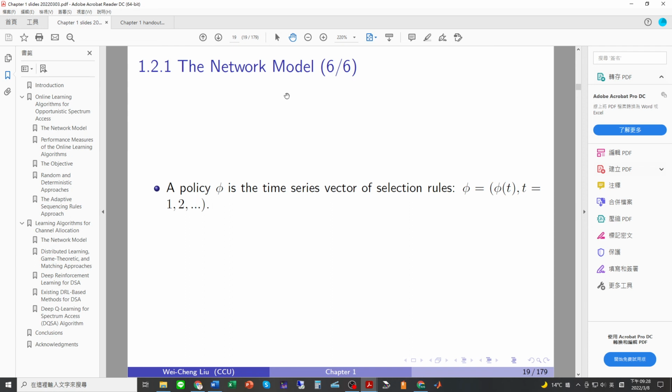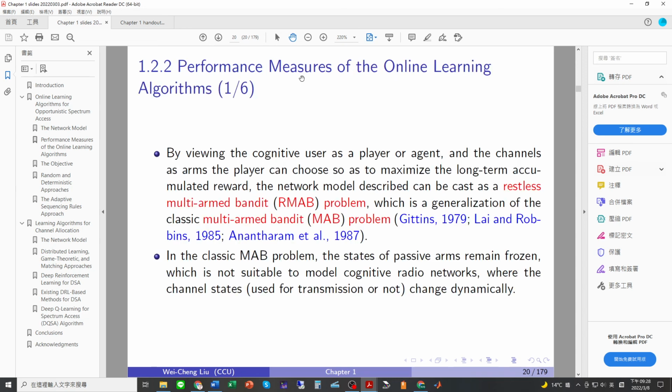We have finished teaching the network model. Do you have any problems? If no questions, let us continue to performance measures of the online learning algorithms. By viewing the cognitive user as a player or agent and the channels as arms, we will explain what is an arm later.